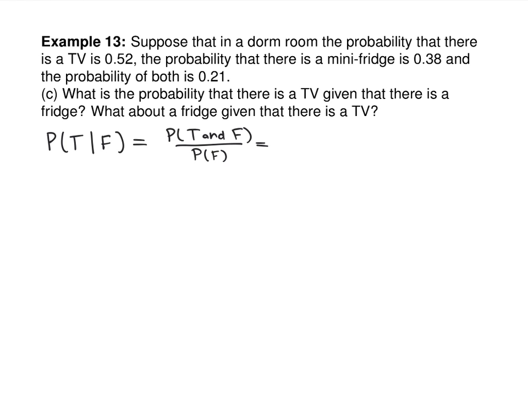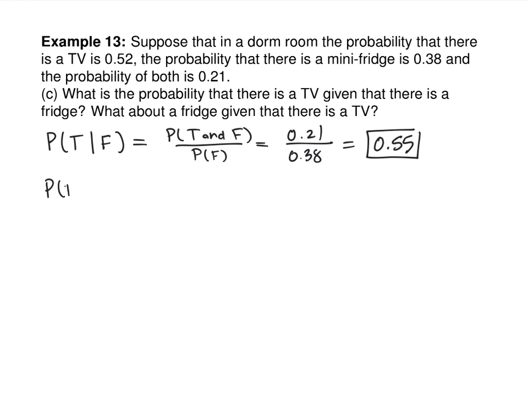So what's the probability of TV and fridge? 0.21, divided by the probability of fridge, which is 0.38, and that comes out to be about 0.55. And it should kind of stem with what you think about life, right? Once you know someone has something, the chances they're going to have more somethings go up.